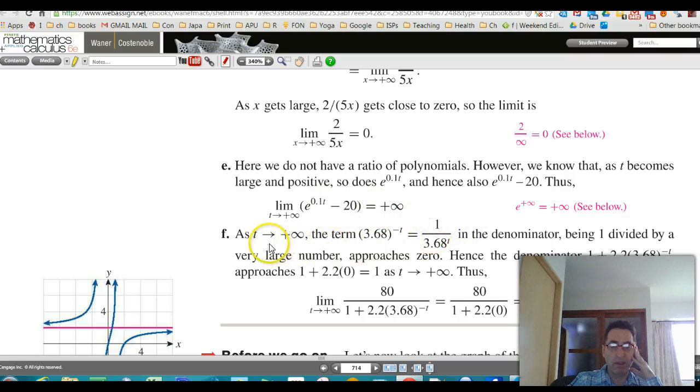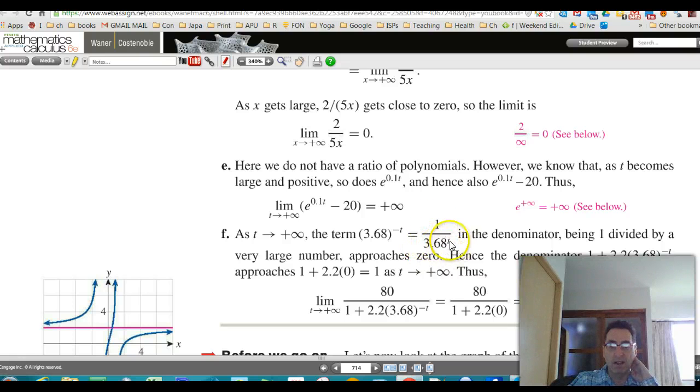And let's see, the next one was here, I guess. So as t goes to infinity, this thing is equal to this in the denominator being 1 divided by a very large number, right?